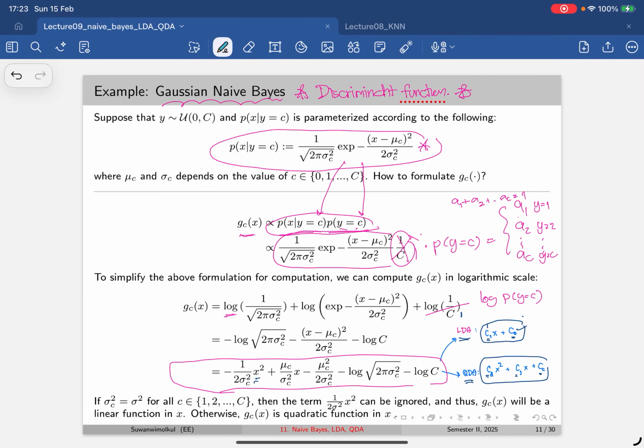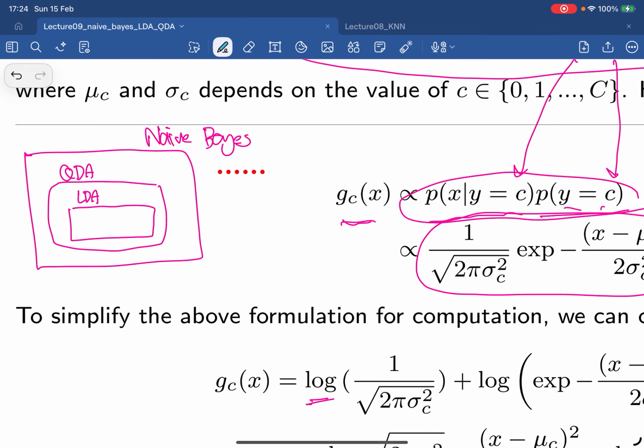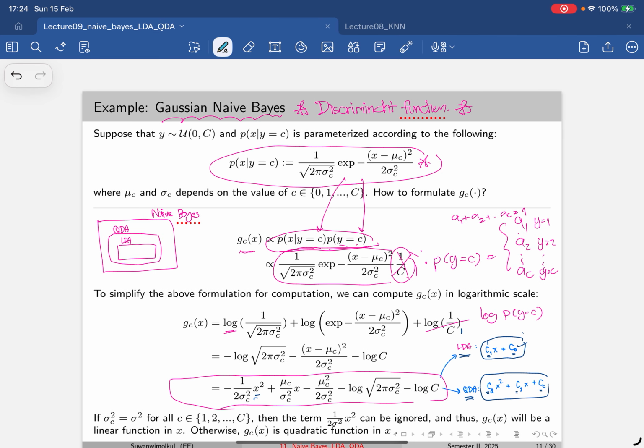As I mentioned before, we have naive Bayes, which is a big family, and you have LDA and QDA. In fact, the Gaussian naive Bayes is already a QDA.